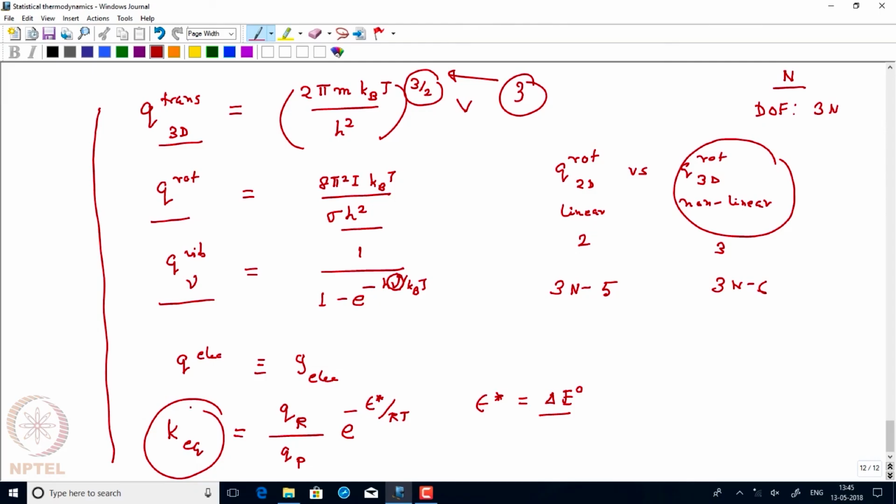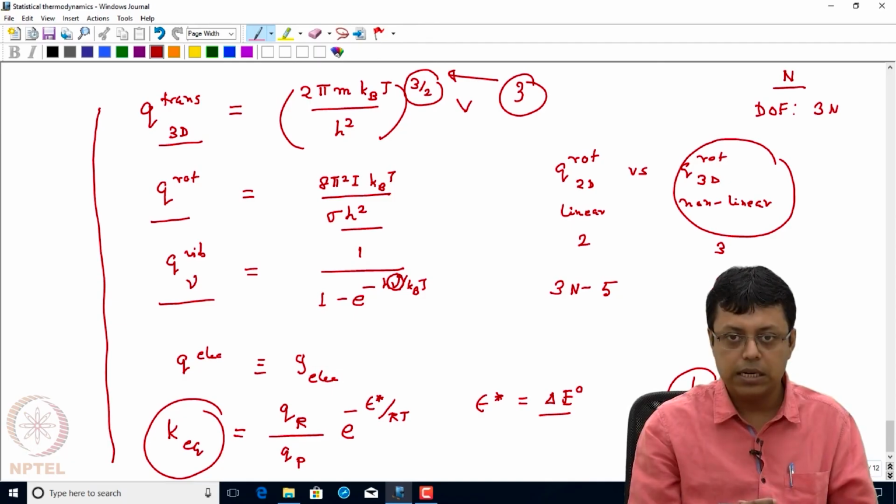We'll cleverly introduce the same concept there, calculate the partition functions, and then see how one can calculate a rate constant from thermodynamic parameters, which are time independent parameters. It is a very interesting theory called transition state theory. We'll be talking about it in detail later.